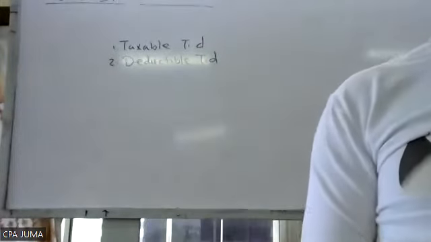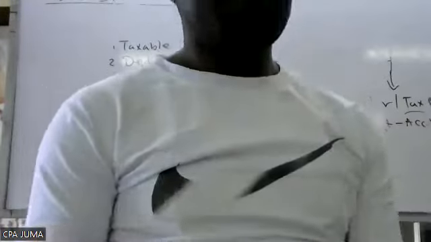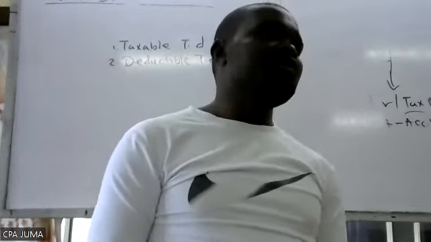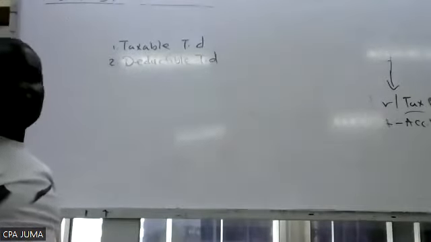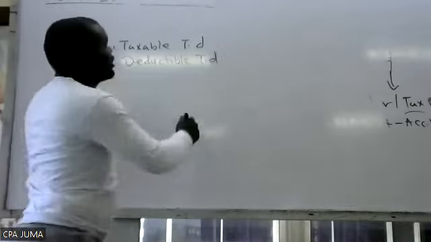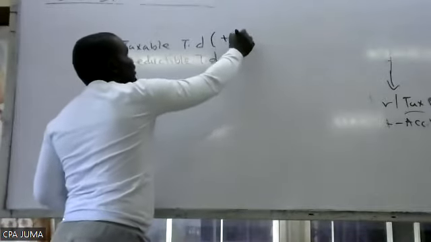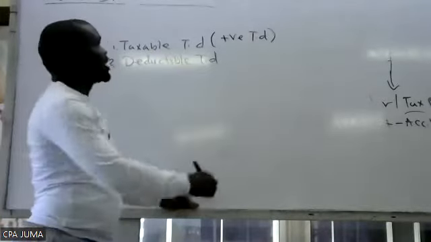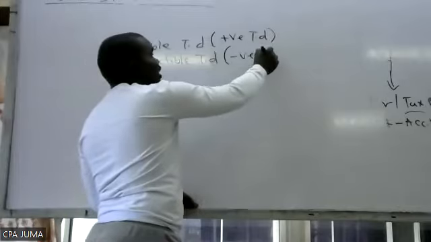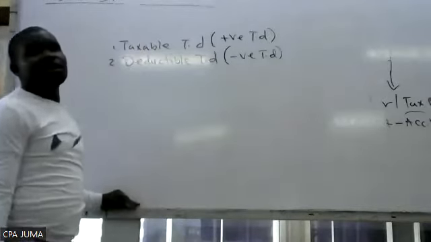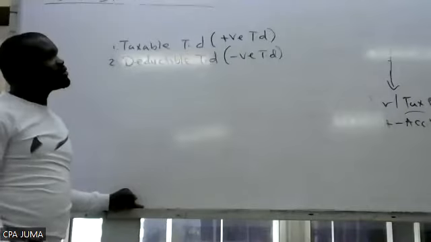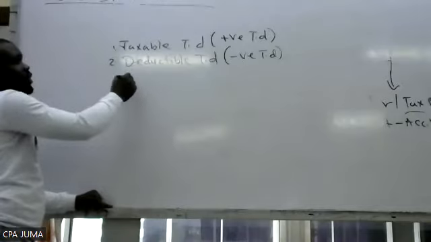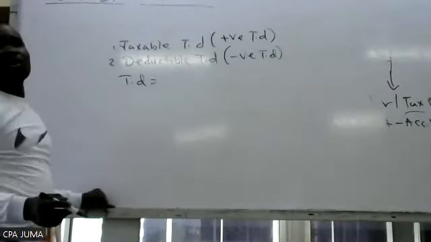Actually, so that I minimize a lot of notes, taxable temporary differences are also known as positive temporary differences, and deductible ones are known as negative temporary differences. Before we write, let me explain something small so that we can have an easy road. What is the formula, from what we have written?